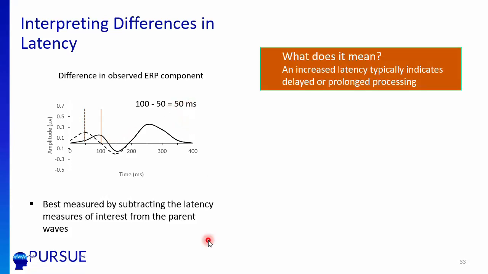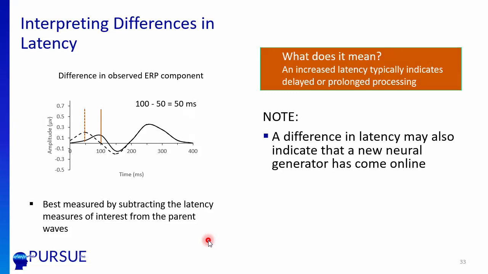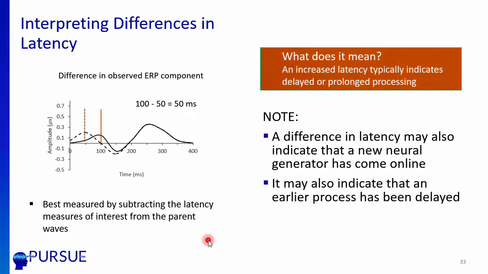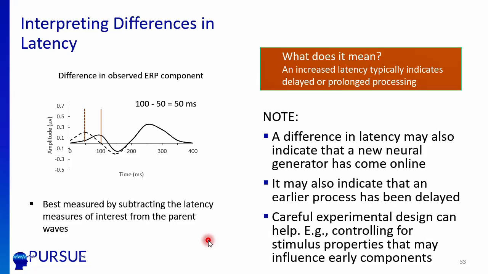It typically means a delayed or prolonged sort of processing. However, it could indicate that a new neural generator has come online. It might also indicate that an earlier process has been delayed for some reason. So again, we have to be careful. It comes back to the interpretation based on the experimental design and other evidence, in particular other behavioral evidence.